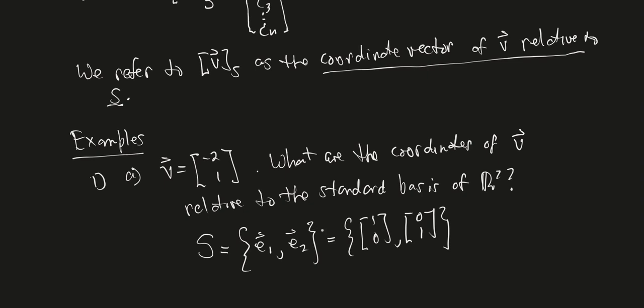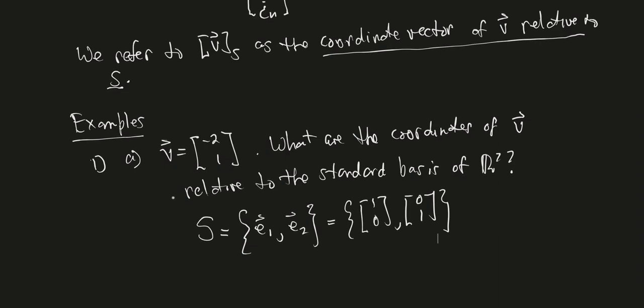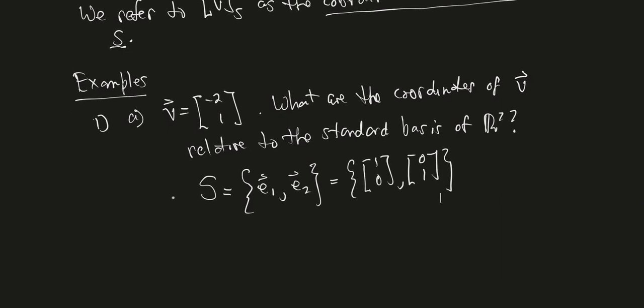So it's basically asking you, what are the scalars that I need to combine these two in using a linear combination in order to get this vector v? Well, because you're using the standard basis, it's pretty easy to figure out the solutions.